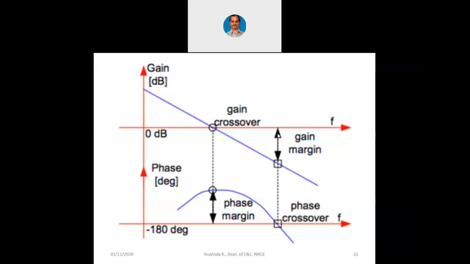So as long as an amplifier is having a gain margin and phase margin, the amplifier will never behave like an oscillator at any frequency. That is the idea here. Because we want the amplifier to work like an amplifier only, even if the gain reduces, the amplifier should not produce noise on its own. Oscillator means it is a noise that is being produced.